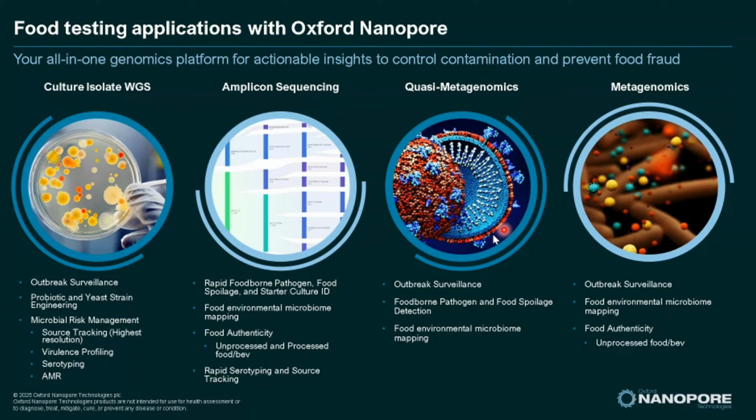Next up, we can use nanopore technology for quasi metagenomics. Basically, here, similar to amplicon, we are targeting certain foodborne bacteria only. So we already narrow down the targets, focusing on, let's say, Salmonella or Listeria.